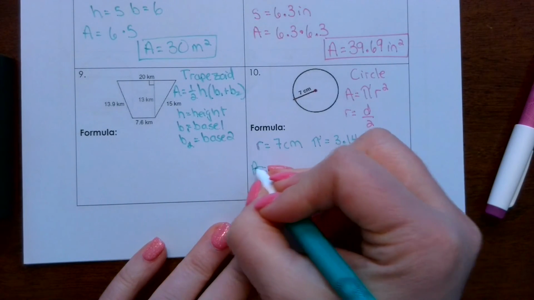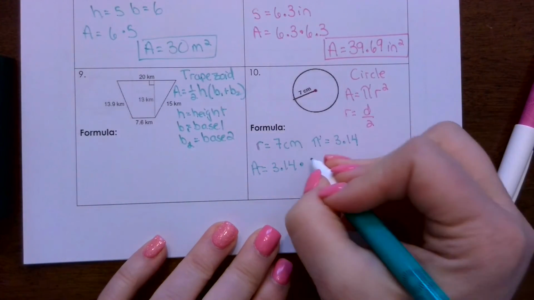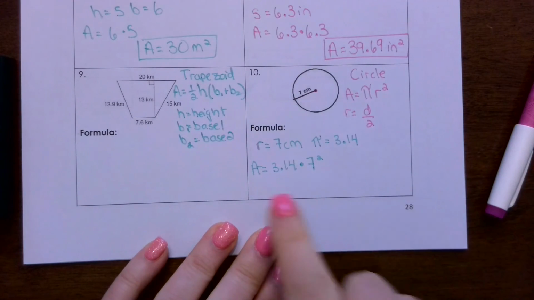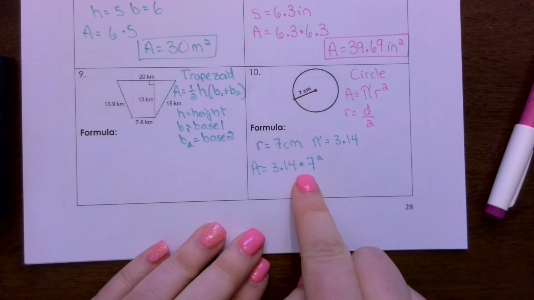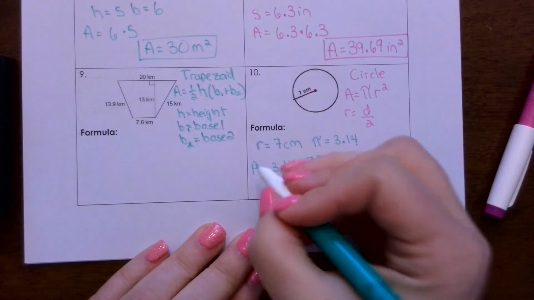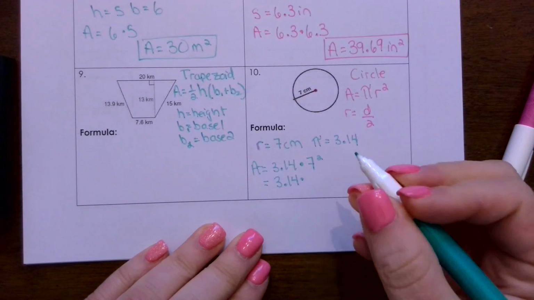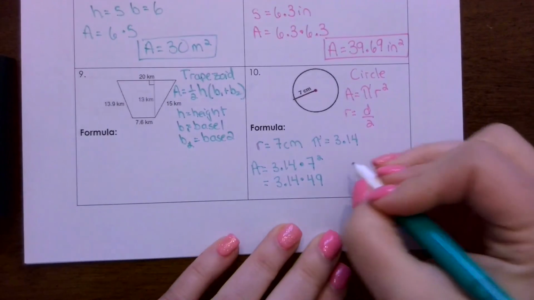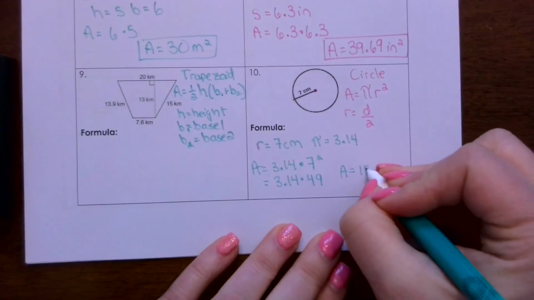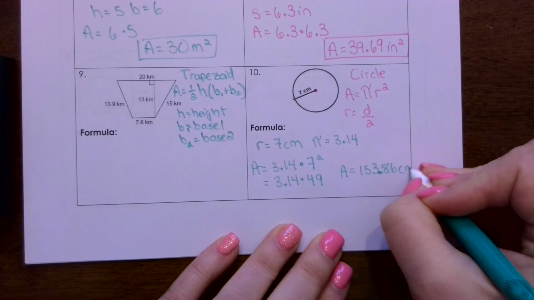Area equals 3.14 times the radius, which is 7 squared. Now you can definitely put this into Desmos, but if you're going to try to use your normal calculator, remember that my order of operations tells me to do my exponents first. So this will equal 3.14, and 7 squared is 7 times 7, which is 49. Now I'll put this in my calculator, and my area equals 153.86 centimeters squared.